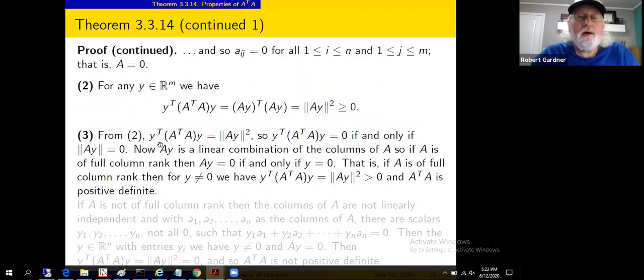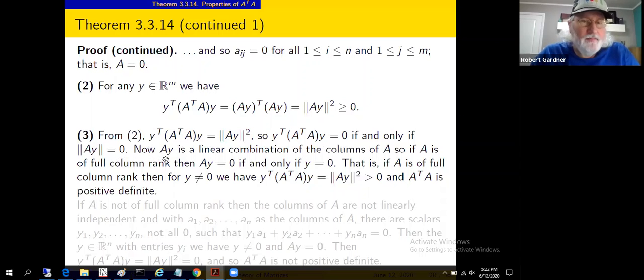We just saw that if we take any vector, we're not going to want to use a 0 vector if we're trying to show positive definite. Up here, we didn't care; we were showing non-negative definite. But from part 2, we saw Y transpose A transpose A times Y is the norm squared of the vector AY. So the only way we're going to get 0 out is if AY equals 0.